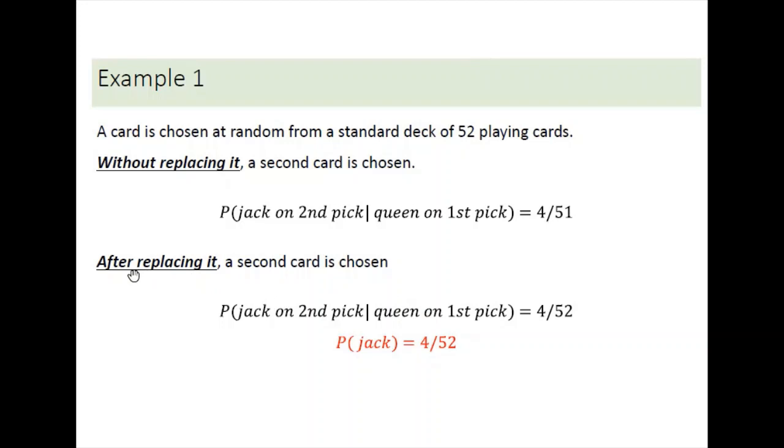So in sampling with replacement, these two events are independent, but in sampling without replacement, these two events are not independent, because the conditional probability is not the same as the unconditional probability. So the queen on the first pick has an impact on the jack on the second pick.